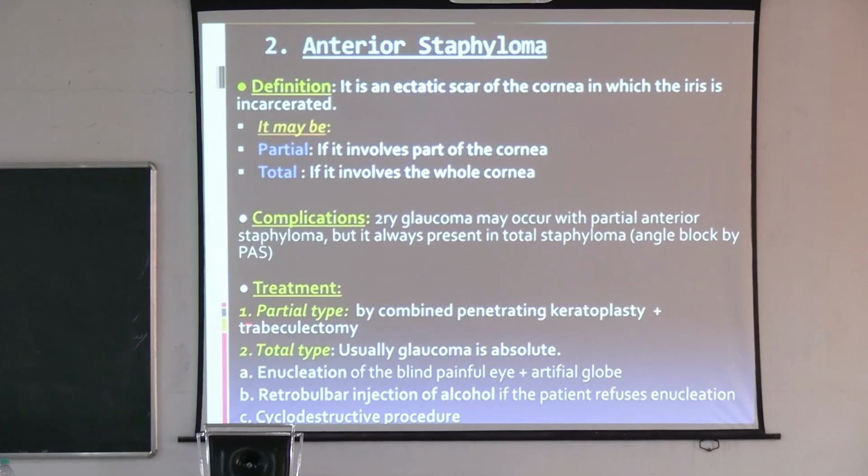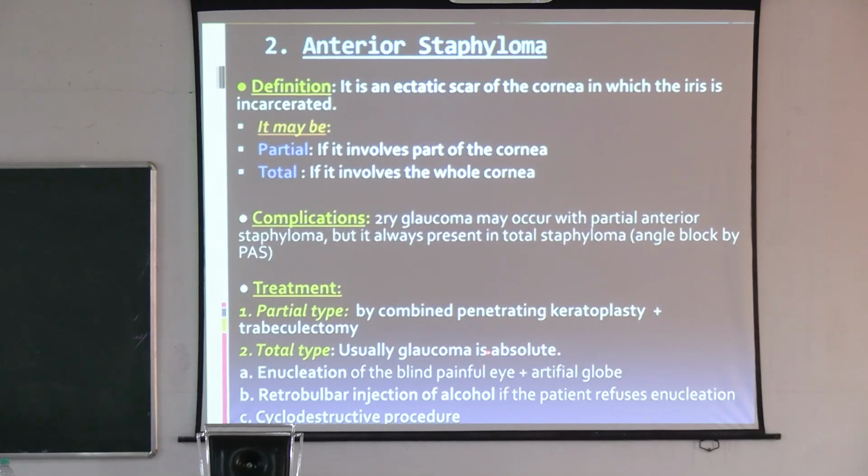Then treatment. In the partial type, if partial staphyloma occurs, then partial keratoplasty is done, and trabeculectomy is also done to lower the intraocular pressure. In case of total anterior staphyloma, the patient has absolute glaucoma.